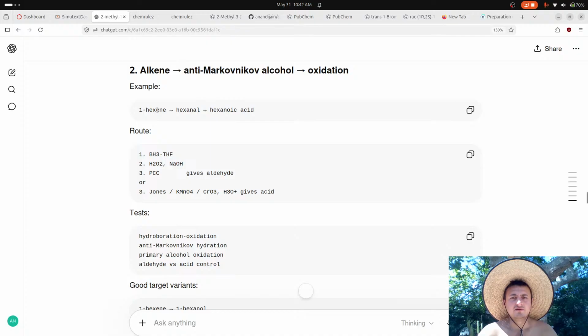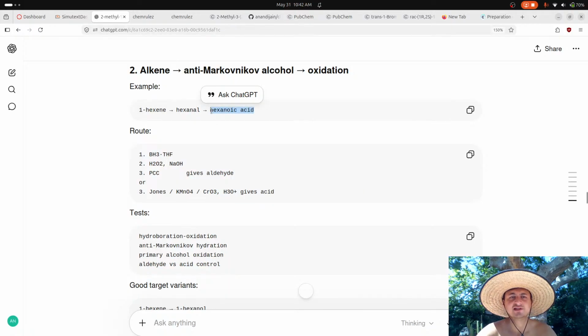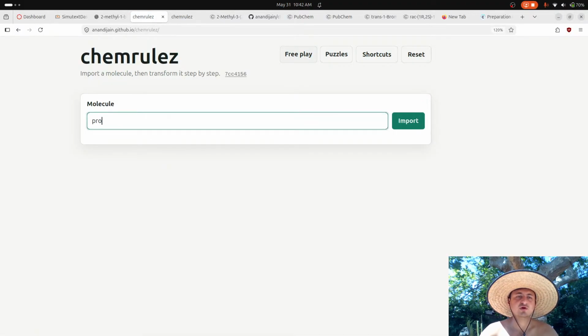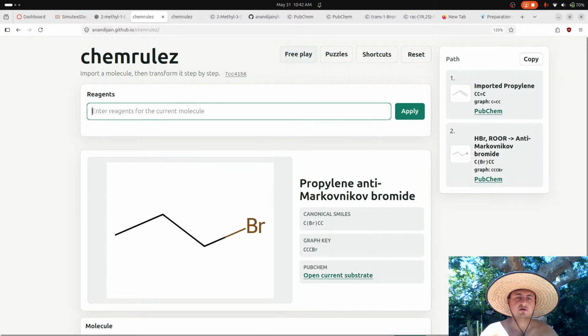Alkene to an alcohol. Oh, and oxidize a primary or a secondary alcohol. Or no, if I have a primary alcohol, take it to a carboxylic acid. Well, let's try to take it to hexanal. I think hexanoic acid also smells like a goat. Okay, so propene, HBr, ROOR. Then now that we have a primary alcohol.